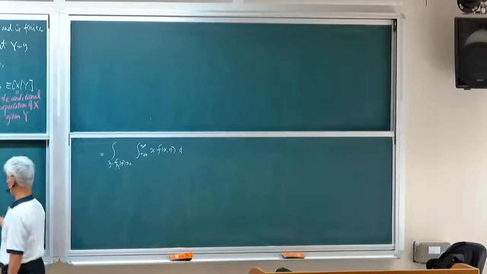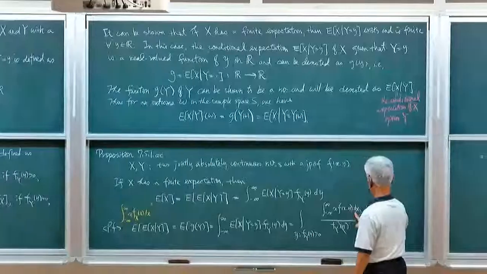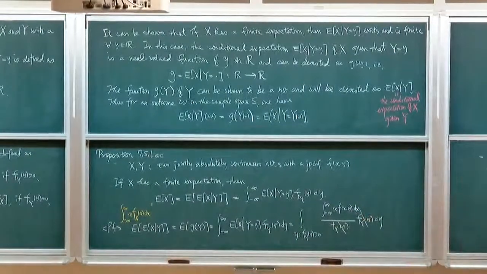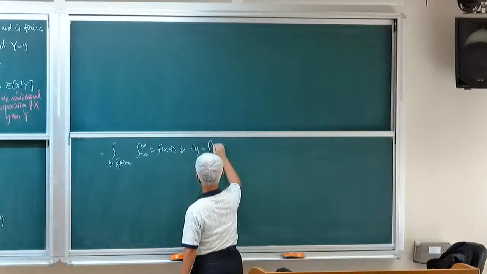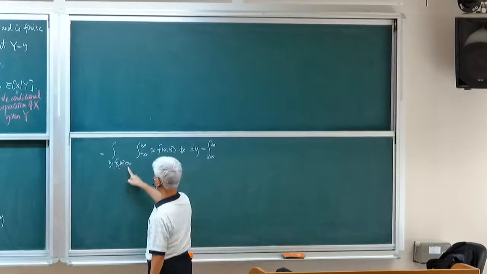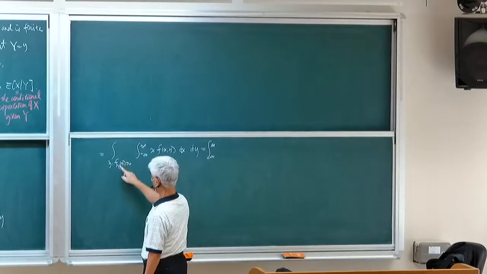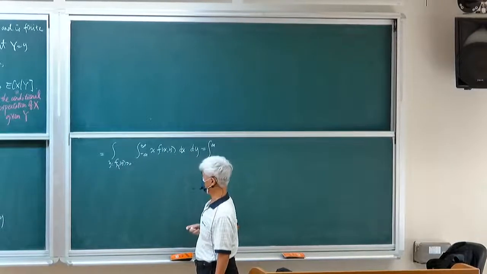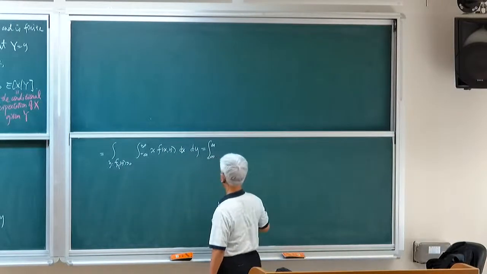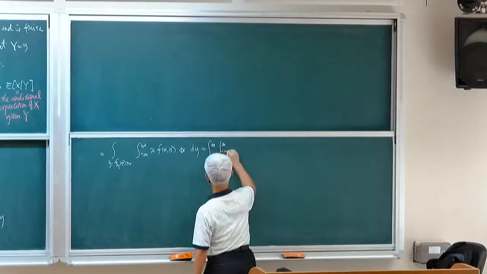Oh, I forgot to put the differential dx here. Y here. Now we can include all y, not just y such that this marginal PDF of random variable y is positive.